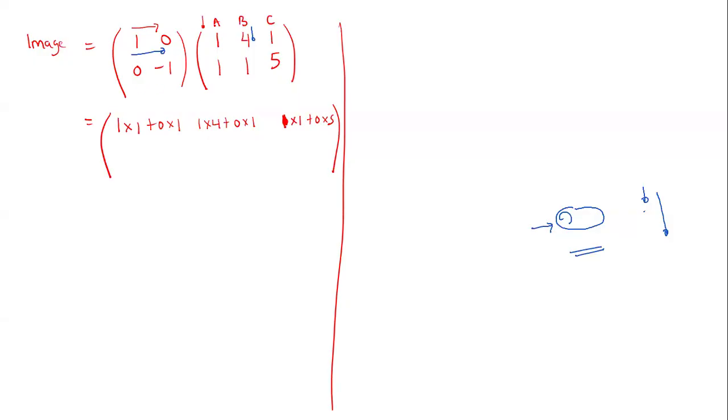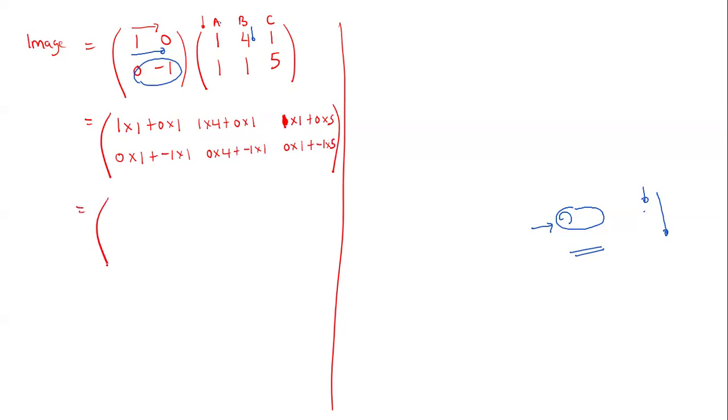Then I go down. Now I will start the lower ones. I'll have this row multiplied with the first one. So I'll have 0 times 1 plus negative 1 times 1, 0 times 4 plus negative 1 times 1. Then I'll have 0 times 1 plus negative 1 times 5.